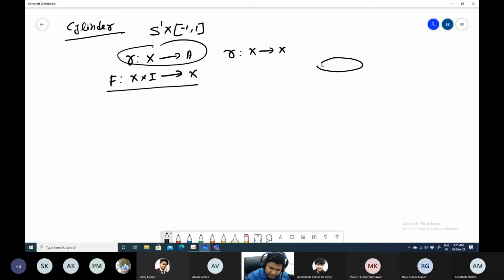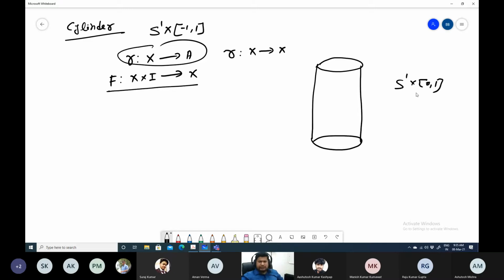So this is my cylinder. We can define it by a convex path. Right, but how? In this case, we can consider this cylinder as S1 cross [0, 1] as well, right? That is fine.